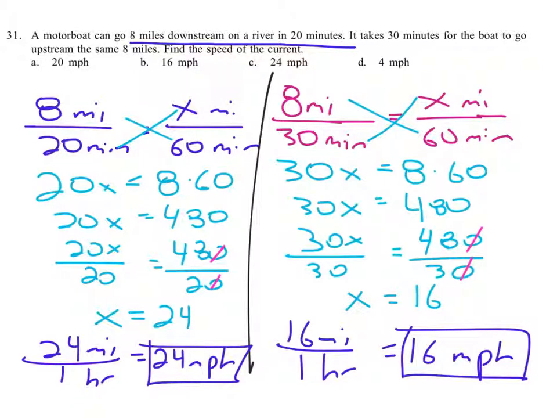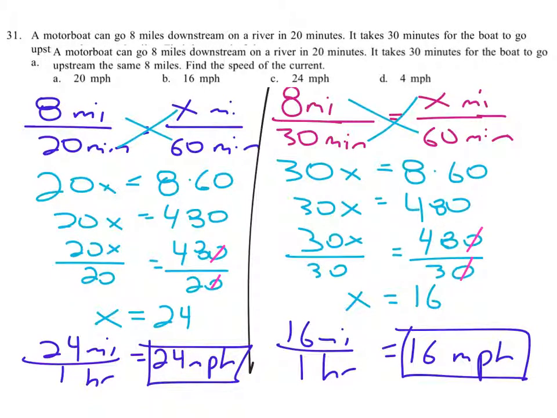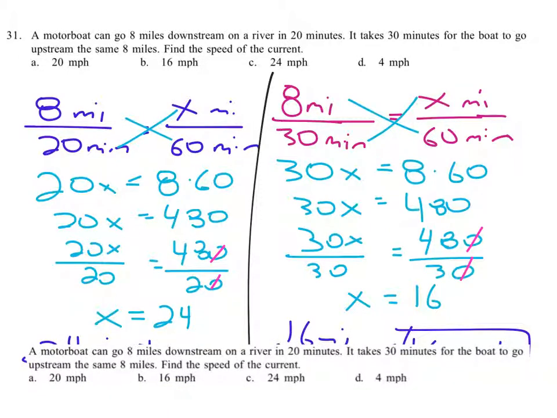Okay, so going downstream, we're going 24 miles per hour, and upstream, we're going 16 miles per hour. So I'm gonna do a little trick here. Okay, it's not really a math trick. It's kind of a trick for the technology that I'm using right here, which is to grab the actual problem here, and it'll copy it for me, because then what I can do is bring that down.